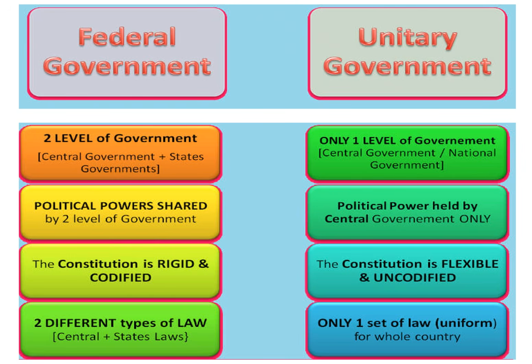In a federal system, the constitution is rigid and codified, whereas in a unitary government, the constitution is flexible and uncodified. In federal government, 2 different types of law, central law and state law, are there, but in unitary government, only one set of law, that is uniform law, is there for the whole country.